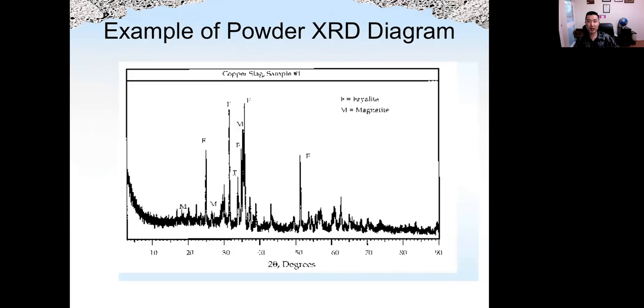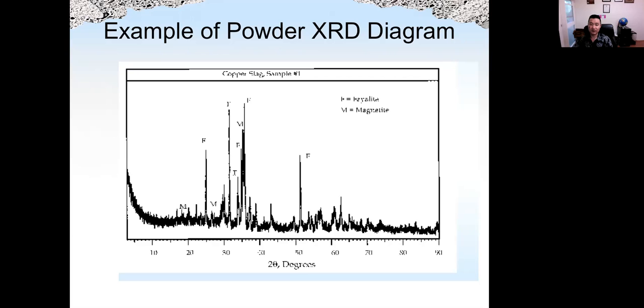Here is an example of powder XRD. This is copper slag. It's not very clear, but in that sample, we have many different types of crystals, and each crystal has signature intensities. For example, a certain type of crystal may have peaks at, for example, 20, 31, and 53 degrees, and the relative heights of the peaks at these angles will also be fixed.